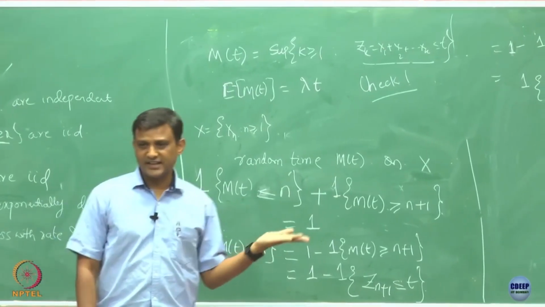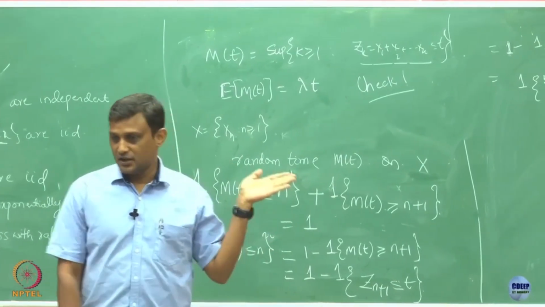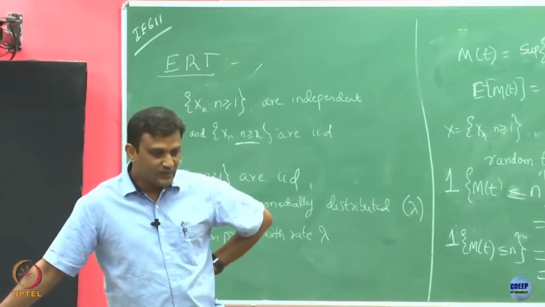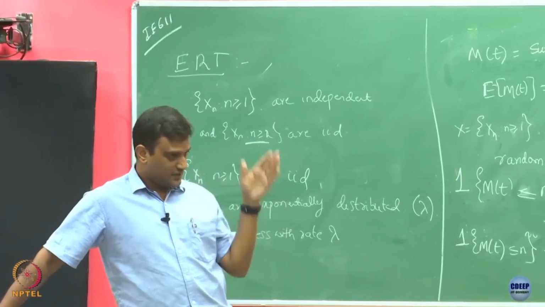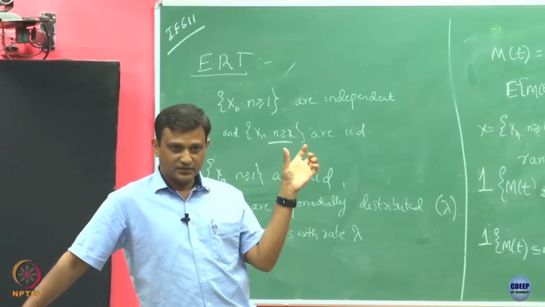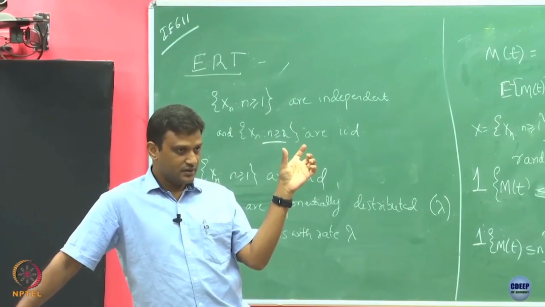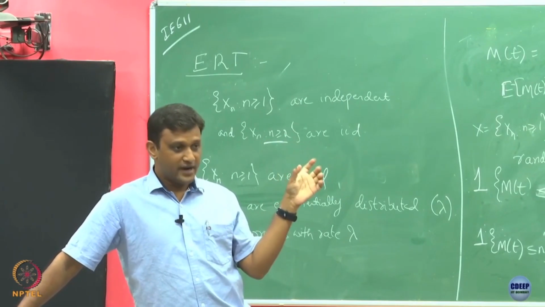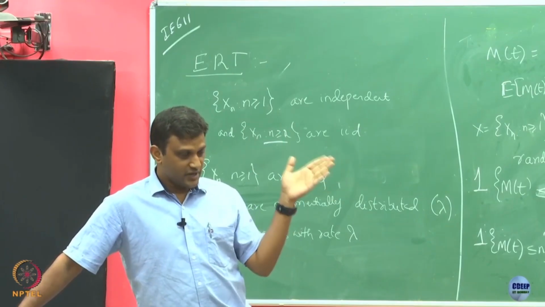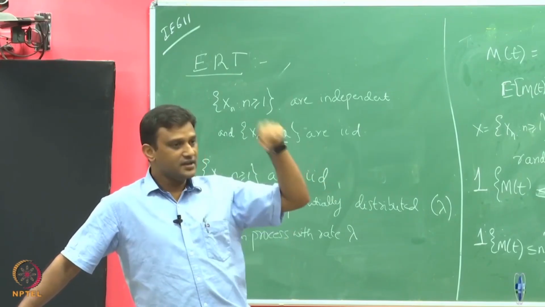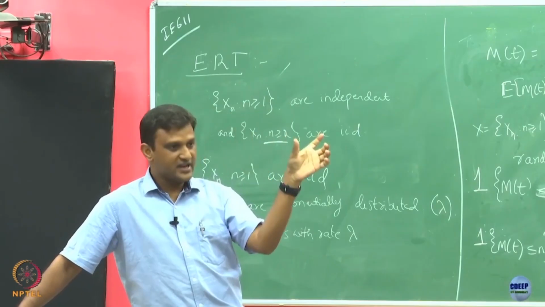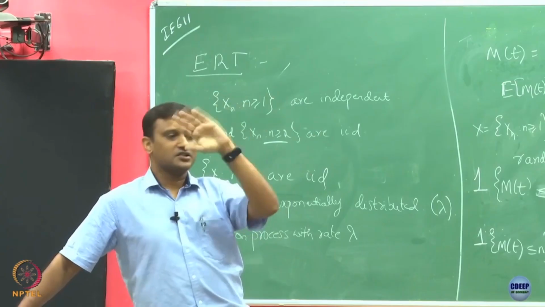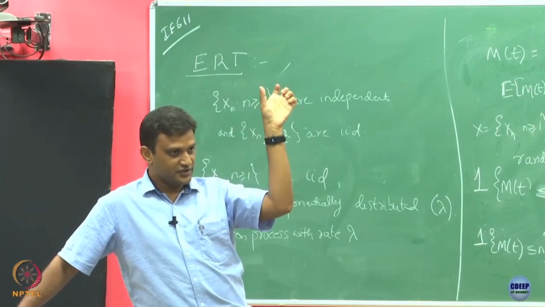You can also think about this intuitively, right? Now that we have written this, if you want to know that within my interval 0 to t, m of t less than or equal to n might have happened and no more, it must be the case that n complete renewals have been completed in that interval, and the n plus 1th must not have been completed within the interval 0 to t.